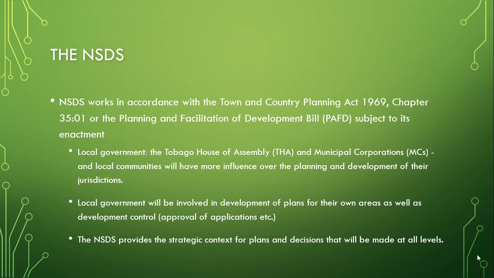And some of that legislation may include the Town and Country Planning Act of 1969, as well as the Planning and Facilitation of Development Bill, which at the compiling of this document was yet to be enacted. Those are two examples of legislation that would facilitate the implementation of the NSDS across Trinidad and Tobago.